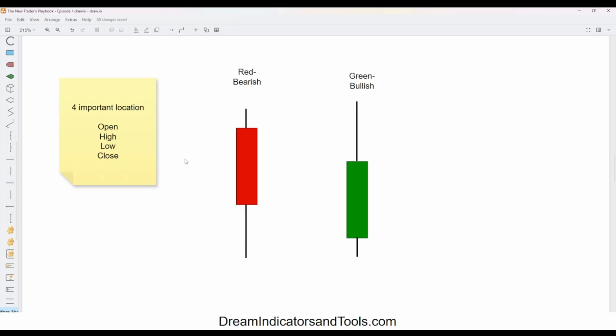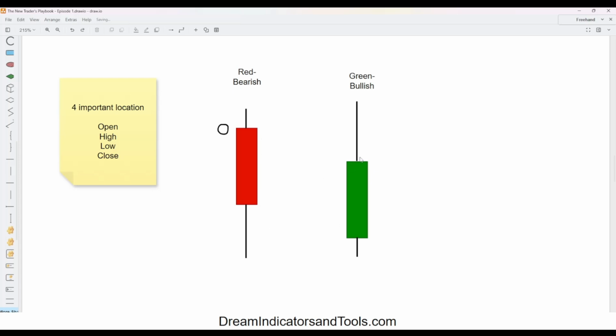So let's talk a little bit about what that looks like. When you have a red bearish candle, that means the candle opened at the top of what we call the body. So we have a red body and we have a green body. In addition to that, we also have these things that poke out on both sides, which we call wicks.